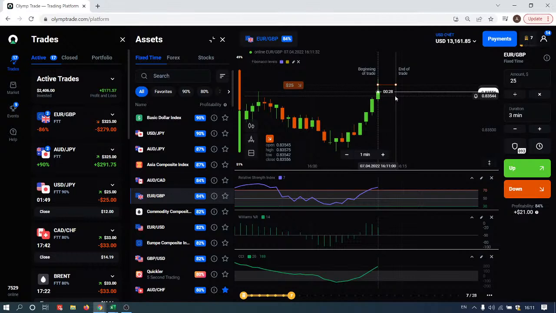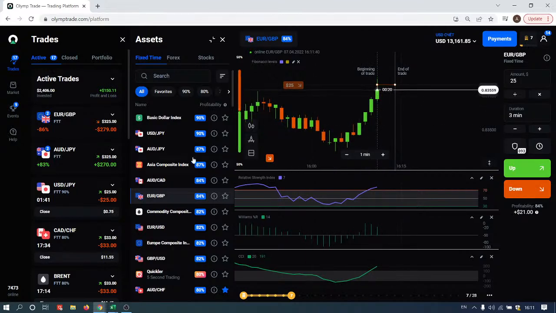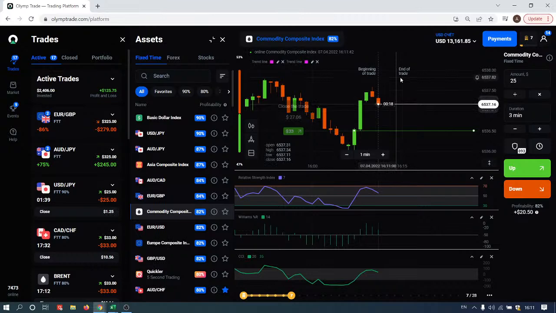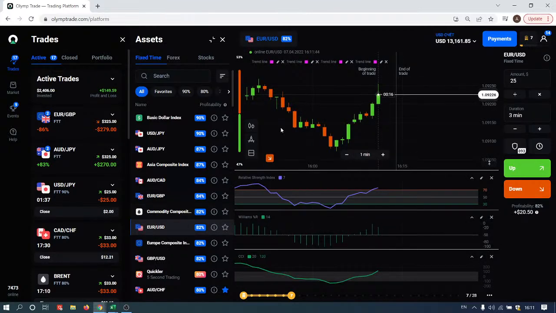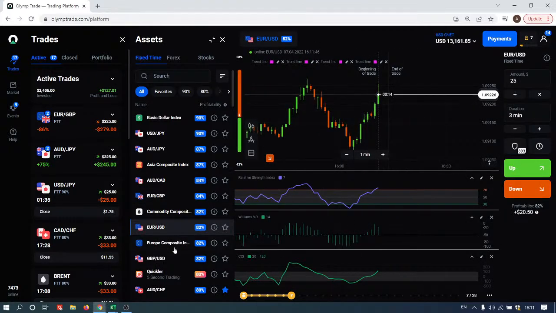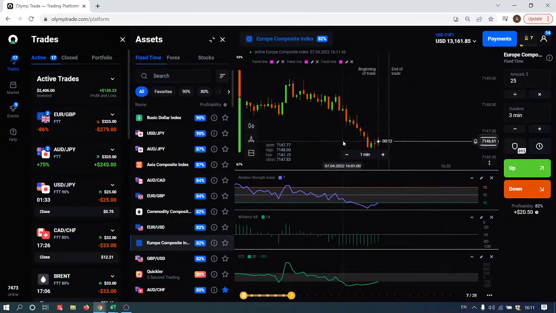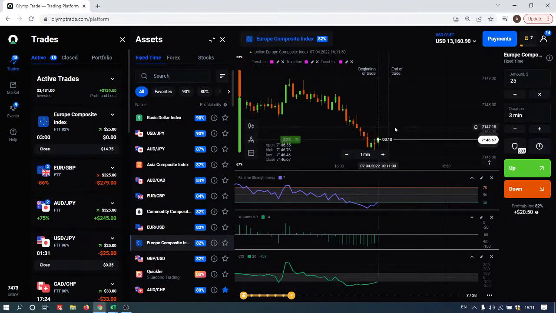Can we use this strategy in demo mode too? Yes, absolutely. I mean, any strategy can be used in demo mode. And if you are a little bit unsure about whether this strategy is for you or not, of course, you can go ahead and trade a little bit with your demo account.